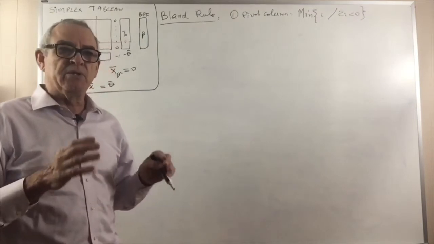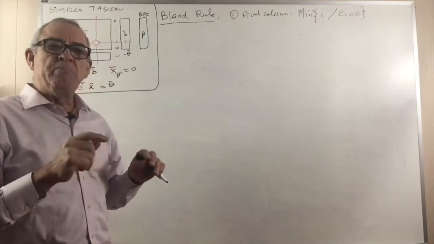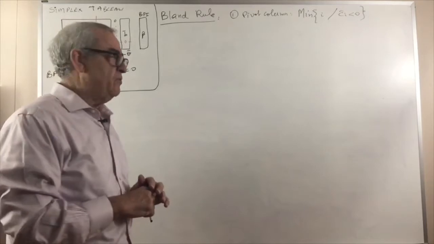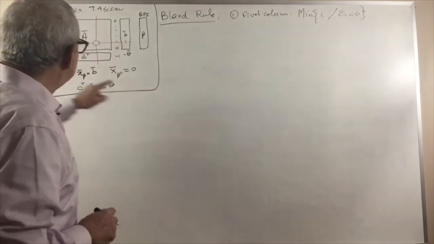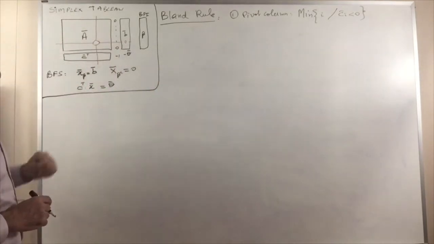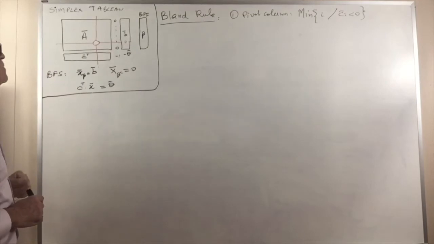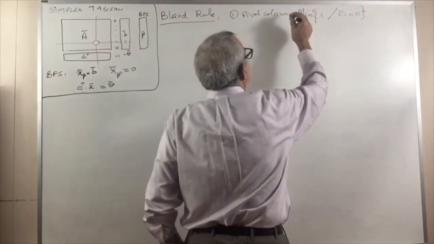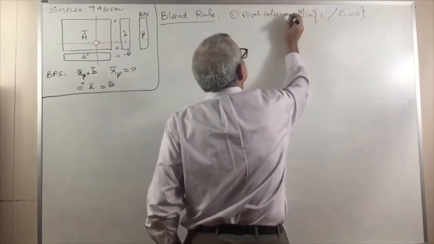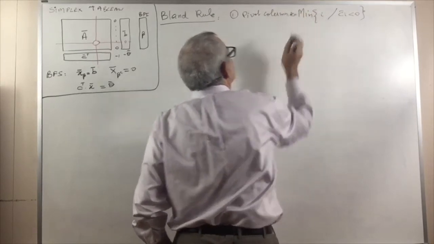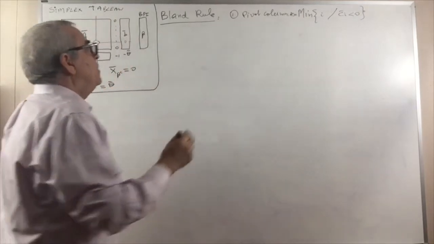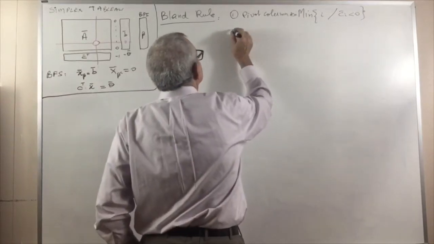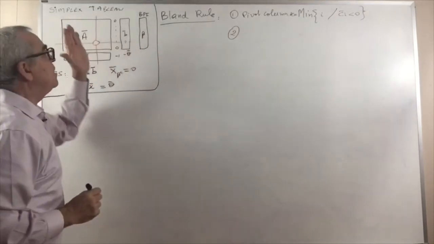In other words, it's looking for an iteration making the biggest decrease in the objective function. Here it's not. It just looks for the first i such that C bar of i is negative. So that's how we choose the pivot column, let's call this r. Now that we selected the pivot column, we need to choose the pivot row.